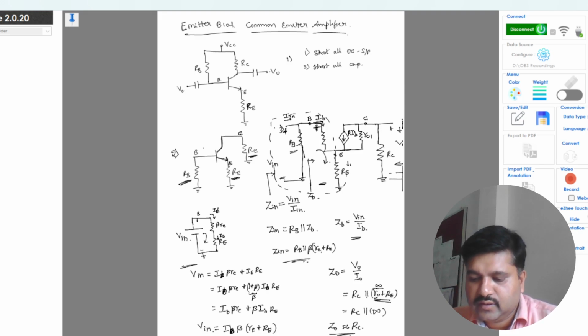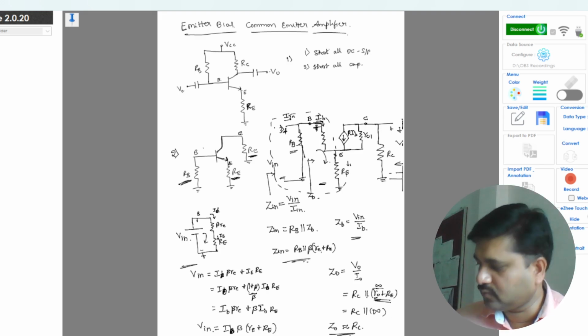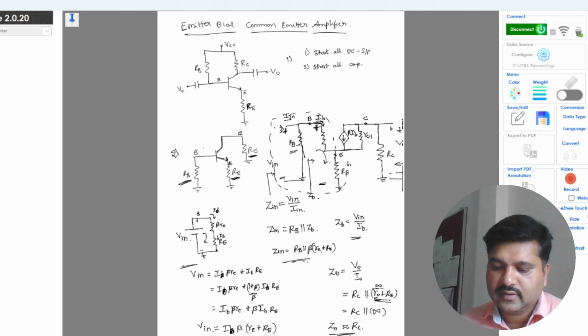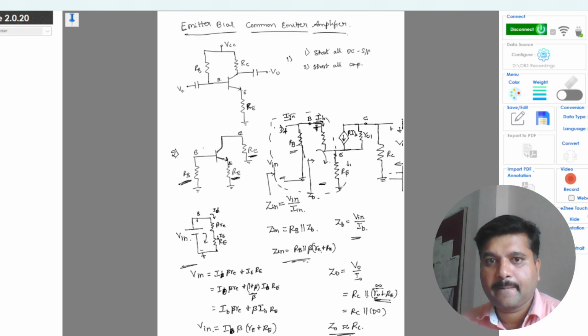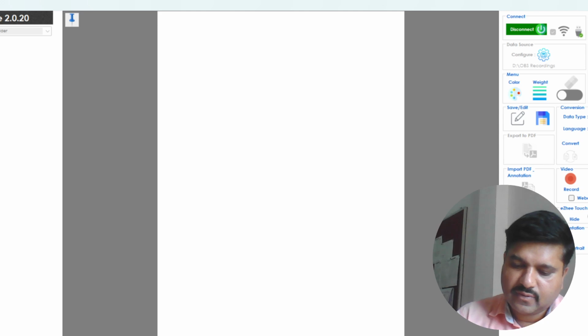Okay, so now finding out the gain expression. I will take it in the next. Once again I have to redraw the circuit.